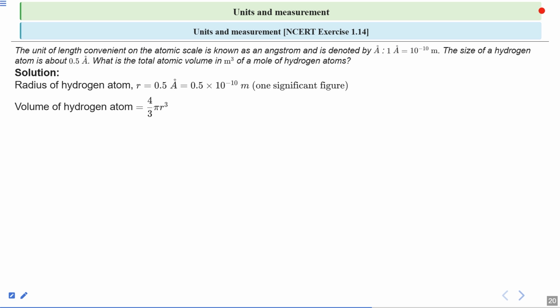We are going to find the volume of one hydrogen atom, and we are assuming that it has the shape of a sphere. So we plug in the values and we get this answer.